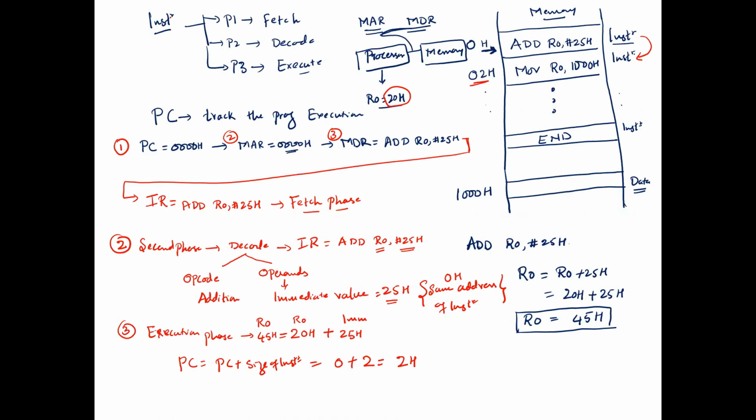Now during the second instruction, the value of PC has become 0002H. Again, it will copy it into MAR, and the MAR value will become 02H. Now it will point to that memory location.